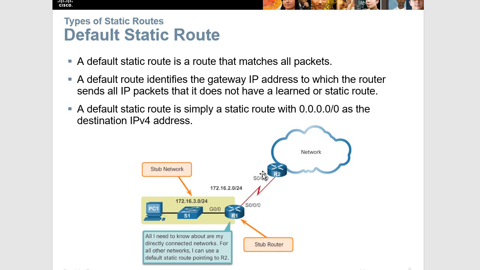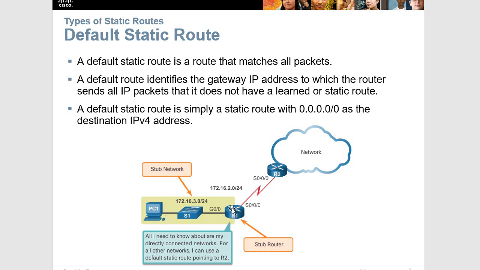Any other network can be covered with a default static route, which is 0.0.0.0 with a /0 CIDR notation, or a quad-zero subnet mask. That means every other IP address will be sent in the direction of this default static route, giving you a gateway of last resort for any traffic that you need to send.